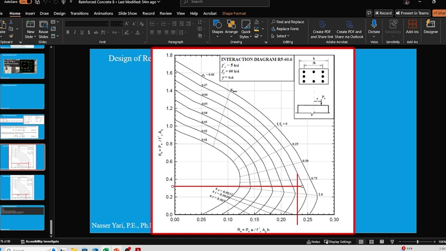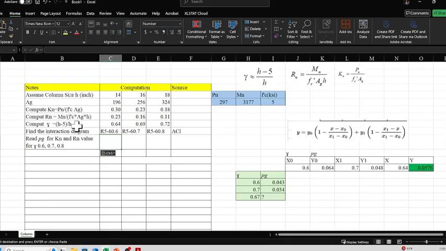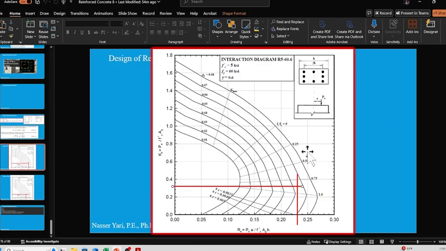And our Rn was 0.23, so I come up to 0.23 and put another line there, and I'm right here. Now I want to read rho. This line rho is 0.06. This line rho is 0.07. So we are between 0.06 and 0.07.